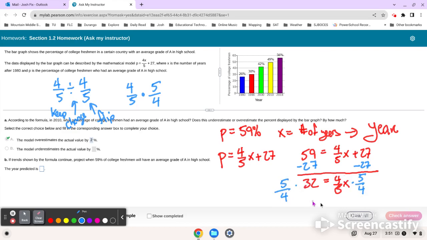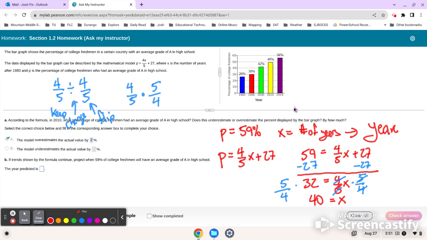On the right-hand side, the 5's cancel, the 4's cancel, and that leaves x equal to 5/4 times 32, which is 40 years.